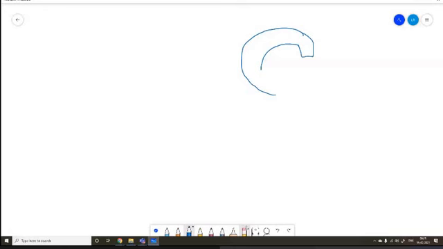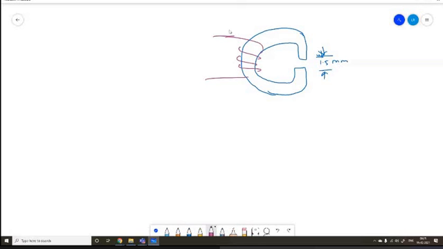So this is not perfectly circular. I could not draw it properly. Here this cut thickness is given to be how much? Air gap is 1.5 mm, and how much is the current that is flowing here? 2.1 ampere, and the number of turns is 750.